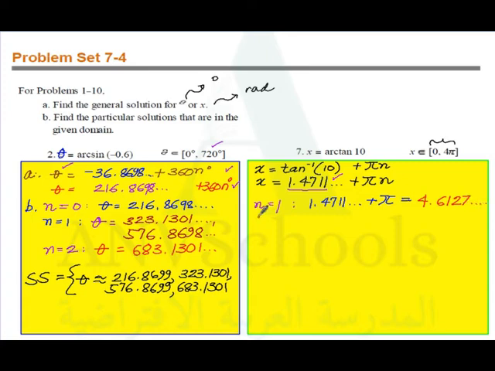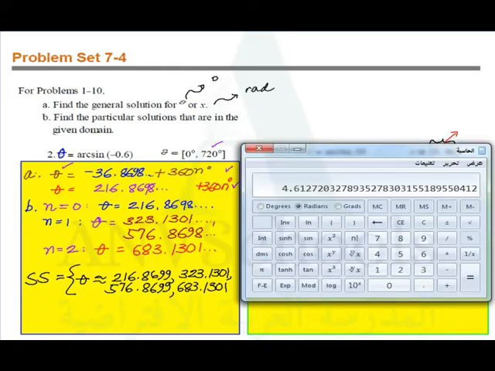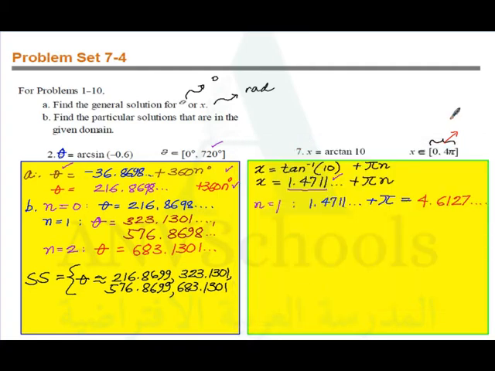When n is equal to 2, we still have it, because it's 4 pi, and 4 pi is approximately 12.5663.